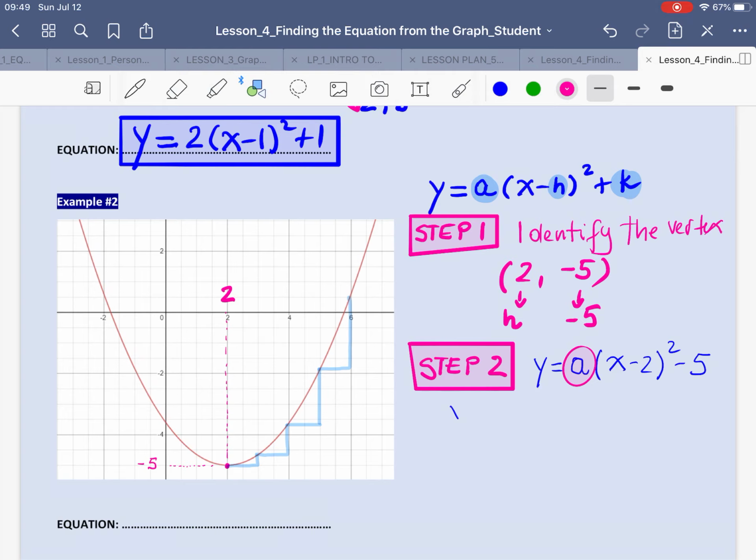The next question you ask yourselves is, how can I find a? What do I need in order to find a? In order to find a, you will need an x and a y.